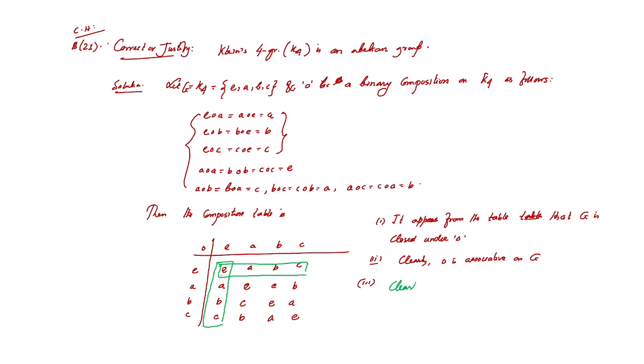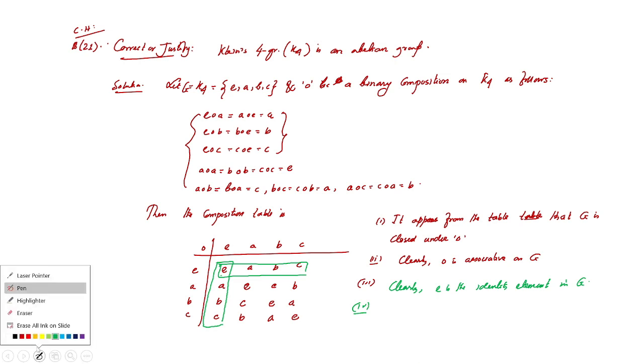So we can see from the table clearly e is the left as well as the right identity. So e is the identity element in G. And fourth, I will check the existence of inverse, because to be a group it must hold closure, associativity, identity, inverse, all the properties.